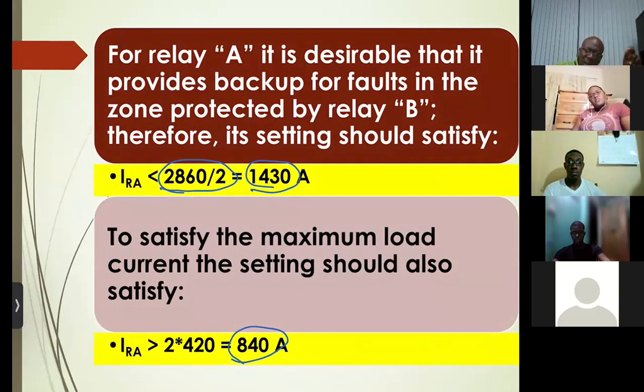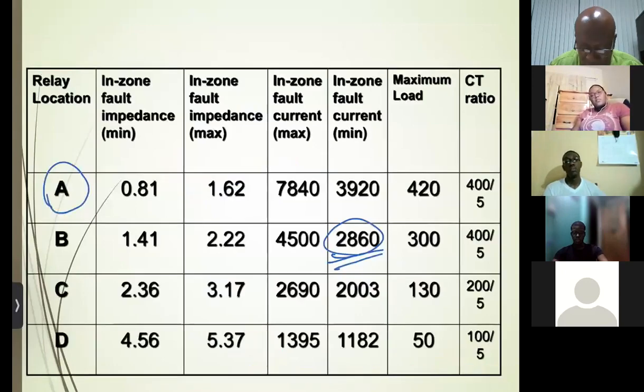B does not operate for its smallest fault. If I didn't do that, students, look at what would happen. If I were to set A based on 3920, you realize how close 3920 is to the maximum fault at B?